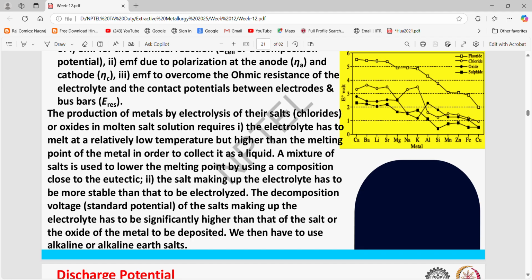So when we talk about the electrolysis process, we talk about two different conditions. One is the molten salt electrolytic process and the other is electrolysis from an aqueous solution. In either case you are going to require an electrolyte solution. That electrolyte can be prepared from an acidic or basic solution by dissolving some metallic ions inside it to increase its conductivity, or we can go with molten salt solutions, which require higher temperature.